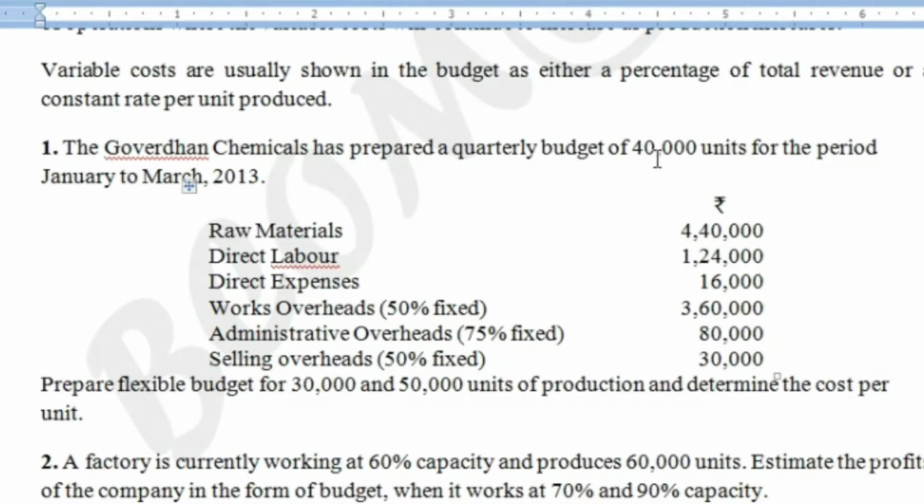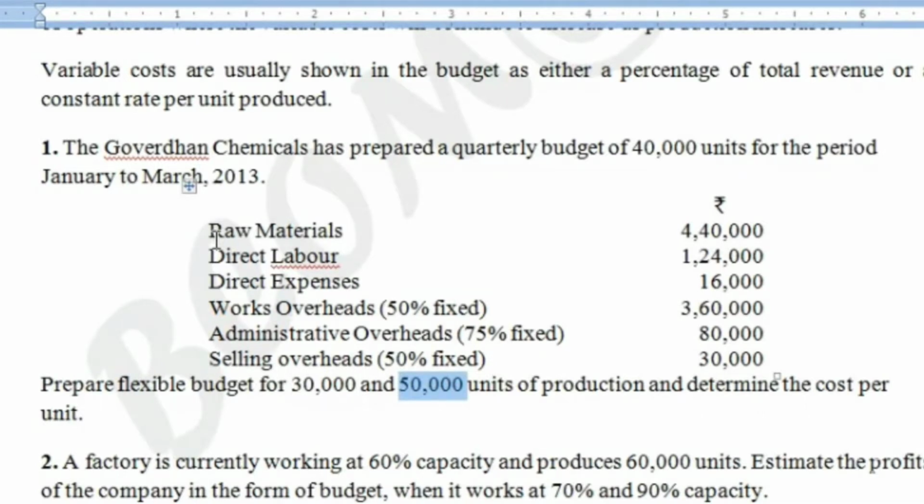Here information based on 40,000 units is given, and you are required to prepare for 30,000 and 50,000 units. Mind well, there is no fixed format for how you present your data, but here the data is given just like a cost sheet, right?